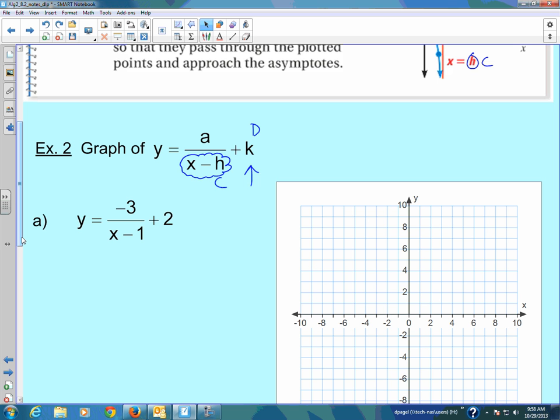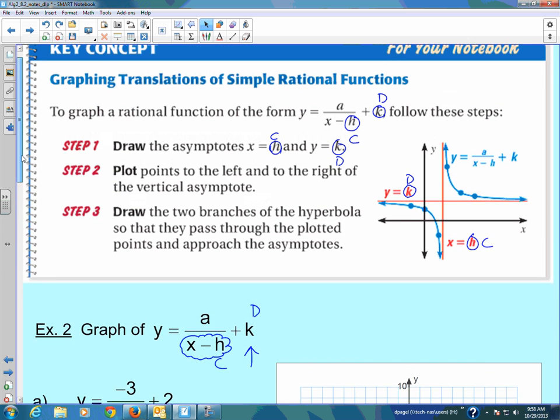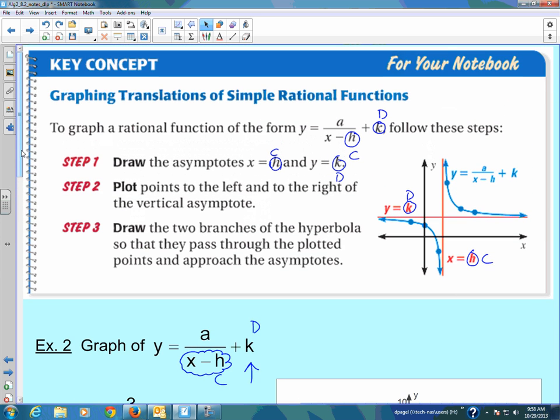So for our horizontal and vertical asymptotes, there's a little different rule for the horizontal piece, not so much for the vertical part. Horizontal asymptotes are simply, in this case, the value of d, or k.